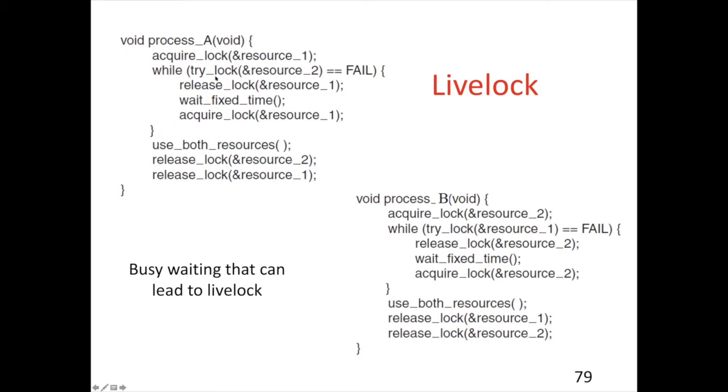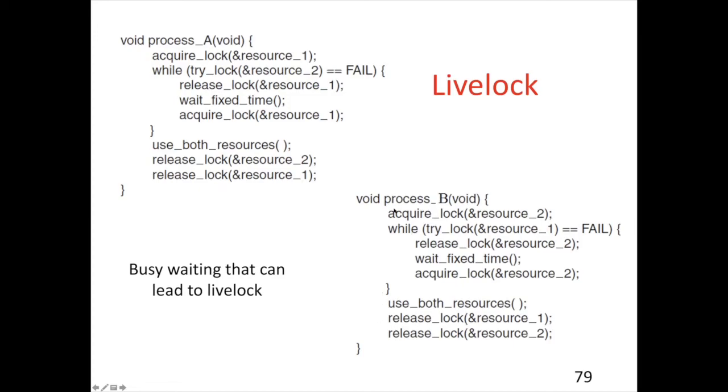So, while trying to lock resource 2 fails, it releases resource 1, waits for a fixed time, and then acquires resource 1 back. It uses both resources when it gets out of the loop because resource 2 is available. This is not failed then. Use both resources, release lock on resource 2 and release lock on resource 1.